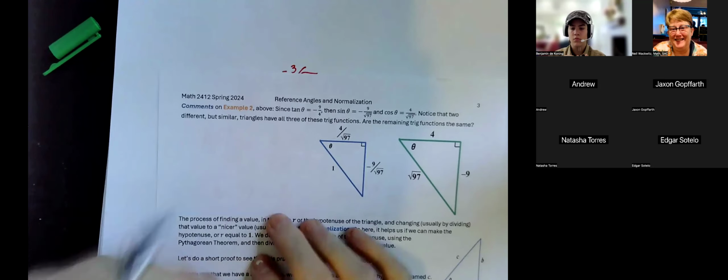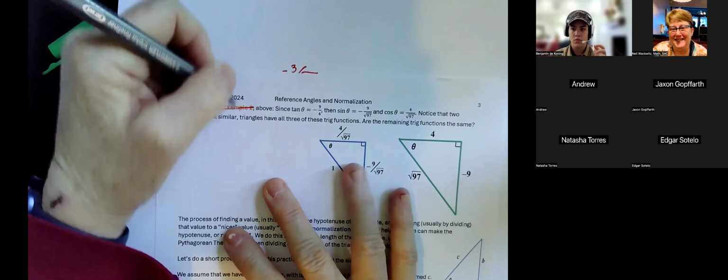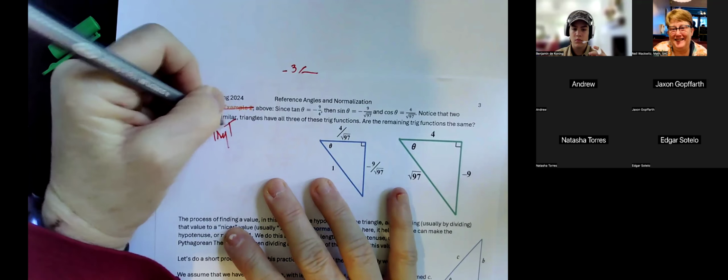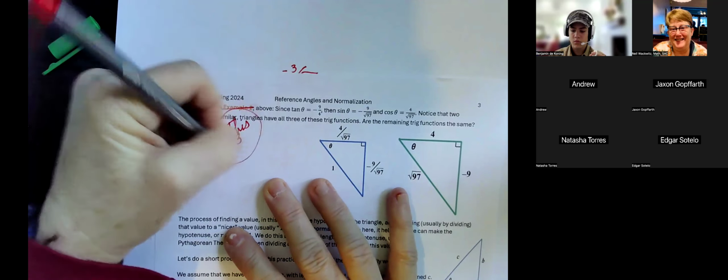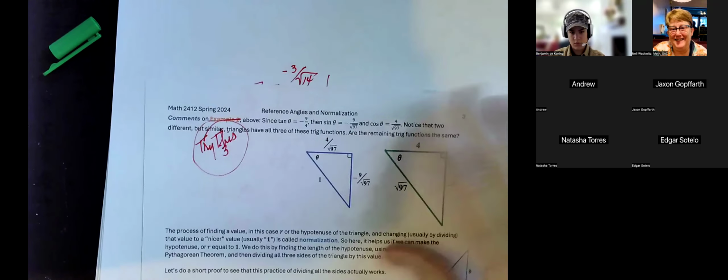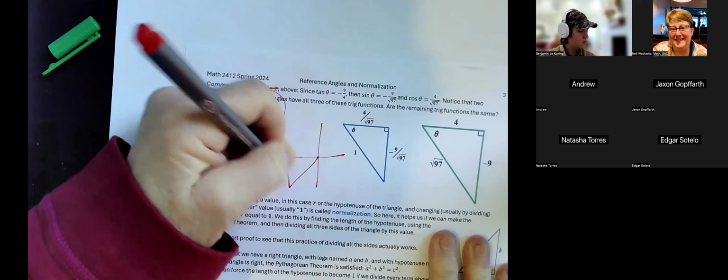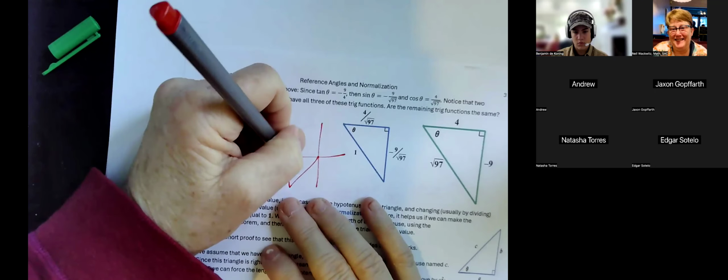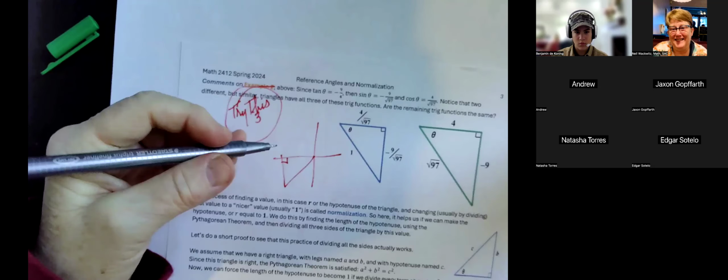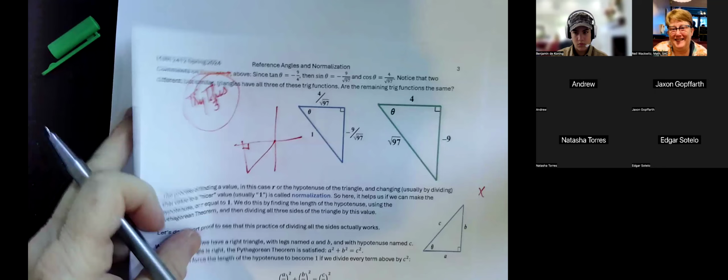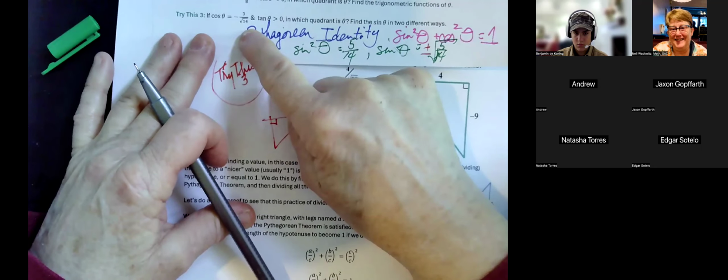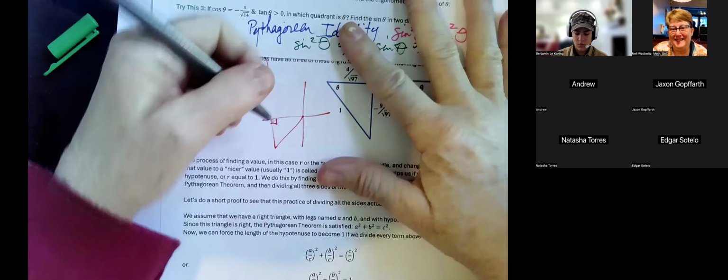In my comments, I'm going to change my comments to the Try This that we just did. So we had the point, well, we thought of it in 2 ways. We had the cosine was negative 3 over square root of 14.